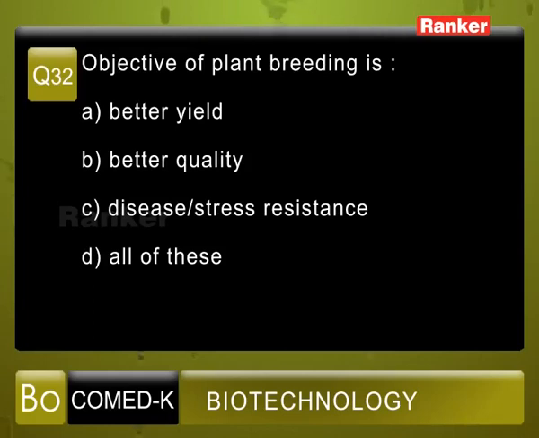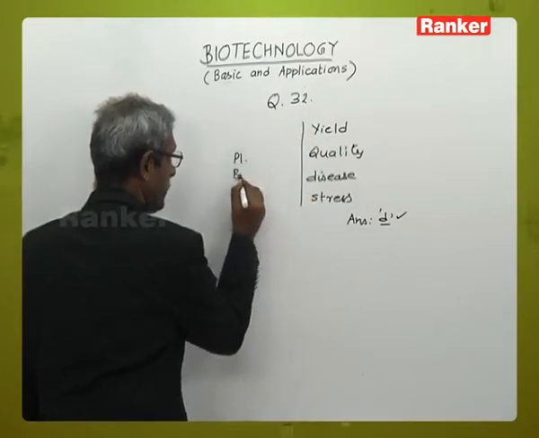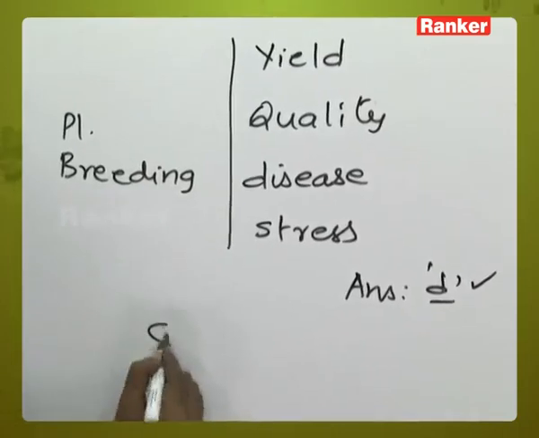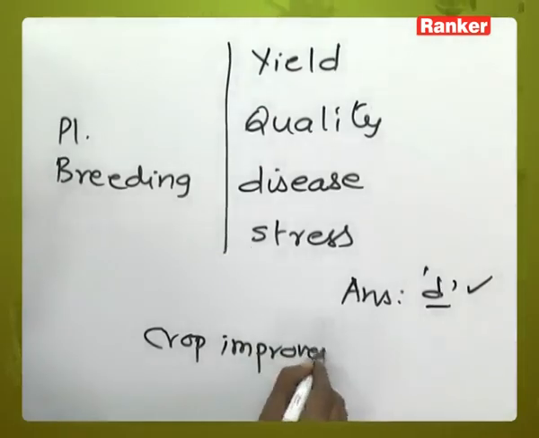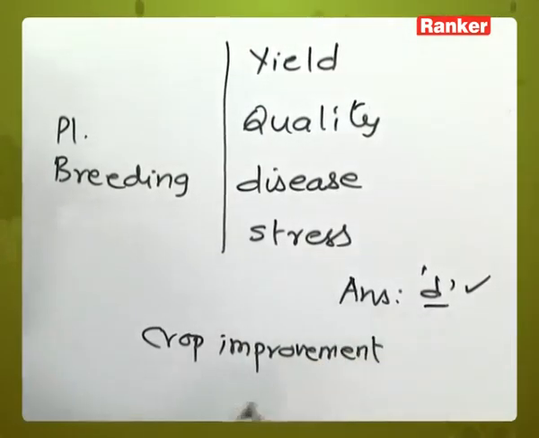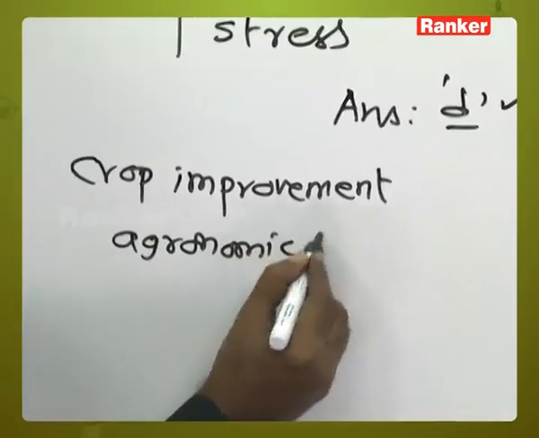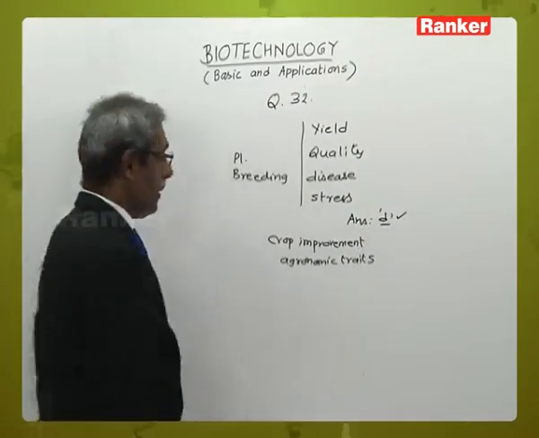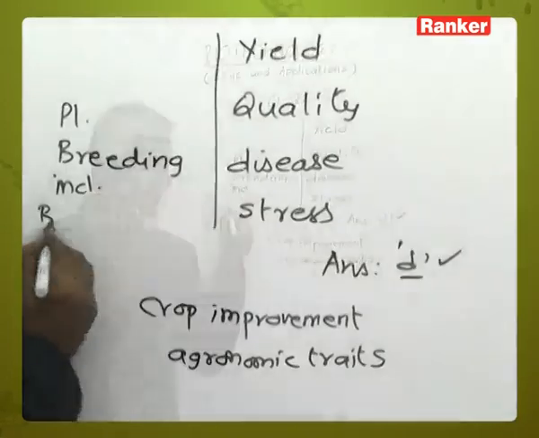Hence the answer is D, that is all the above. So plant breeding is a science which deals with crop improvement, especially with relation to improvement of agronomic traits. Plant breeding includes biotechnology.